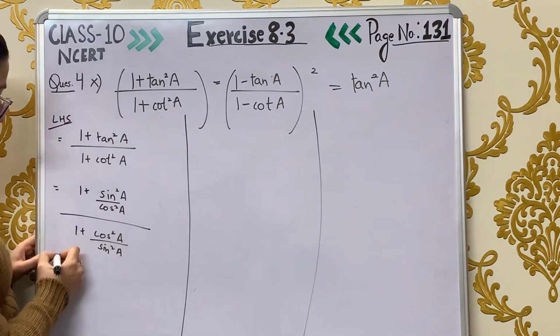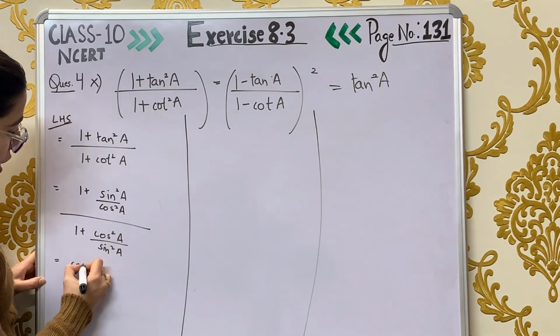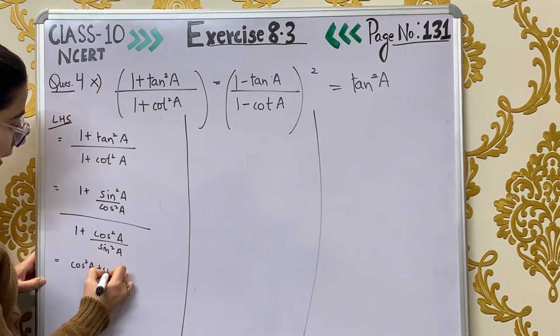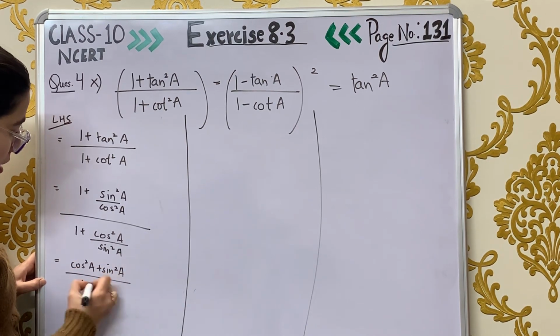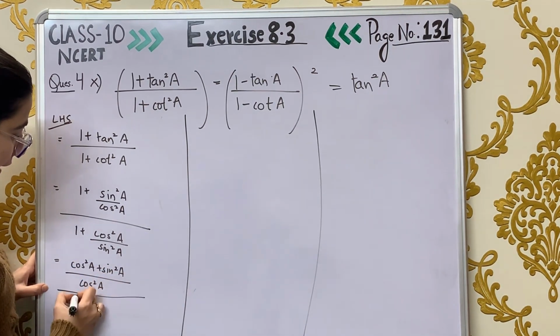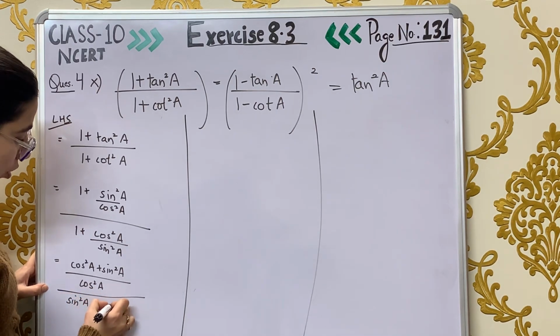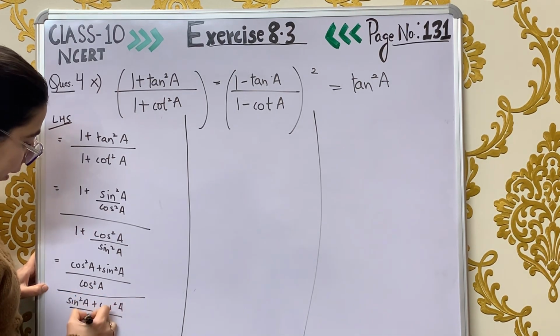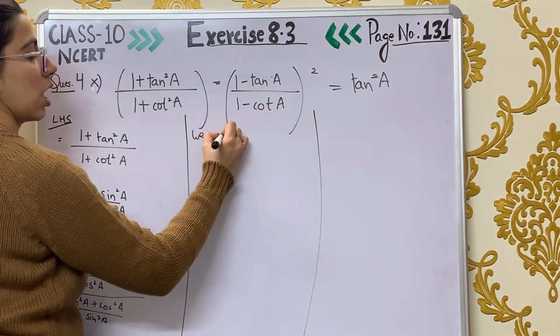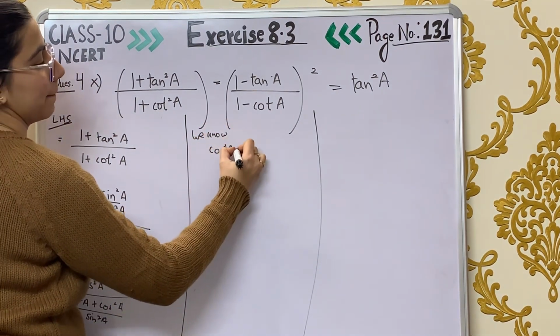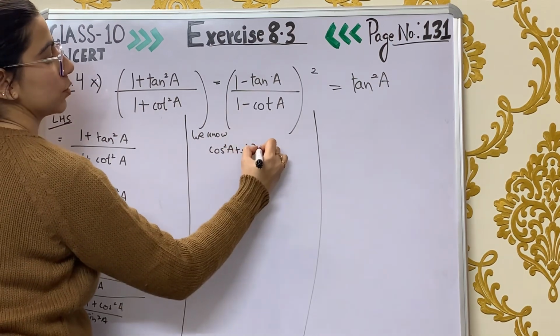Taking LCM in both numerator and denominator, we get (cos square a plus sine square a) upon cos square a, upon (sine square a plus cos square a) upon sine square a. Now we know cos square a plus sine square a is equal to 1.